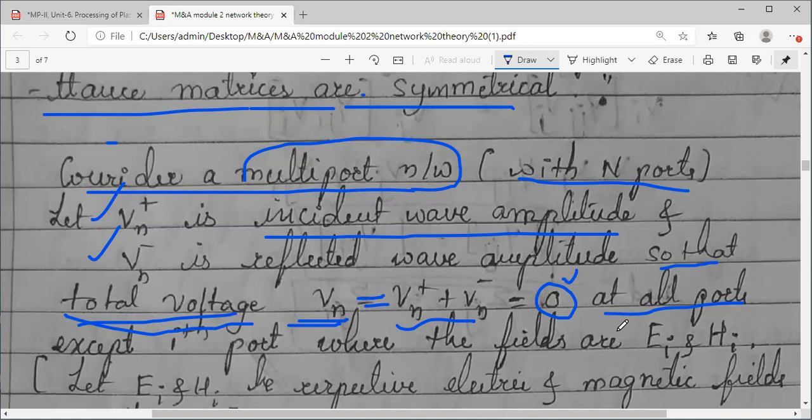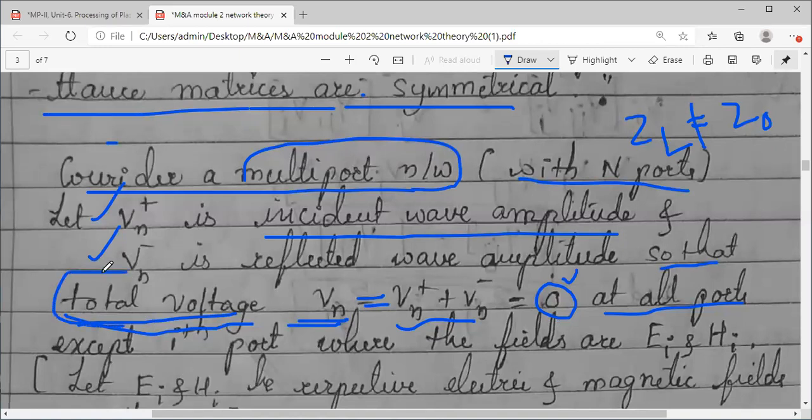Try to remember, whenever we take a pair of ports, at any one instant we take only one line not terminated in the characteristic impedance, ZL not equal to Z0, and all other loads are terminated in Z0, right? There will be no reflections on the other sides.